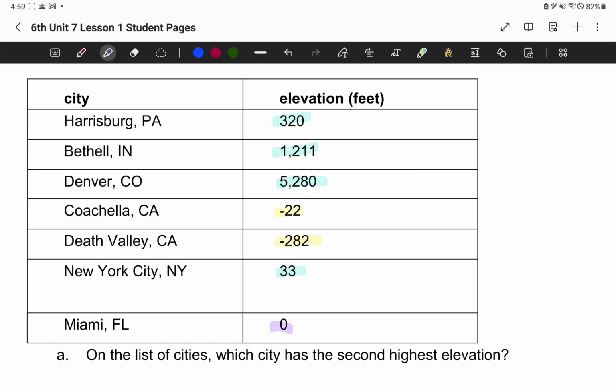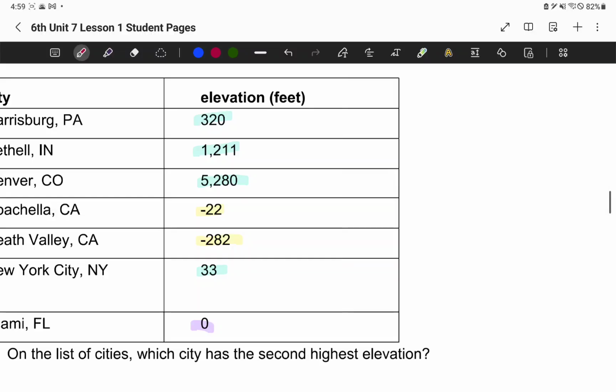Okay. Well, so if we're looking for the second highest elevation, so we're looking for the second biggest number. Well, let's put them in order. Greatest to least, biggest.